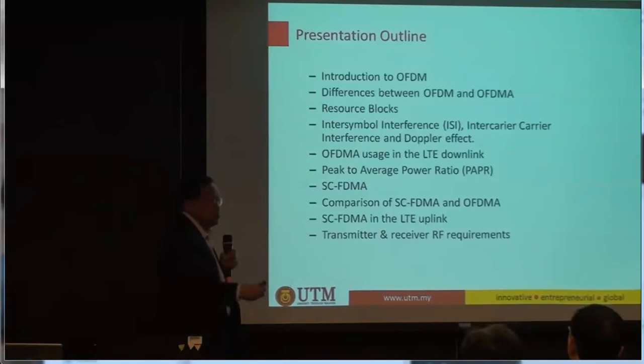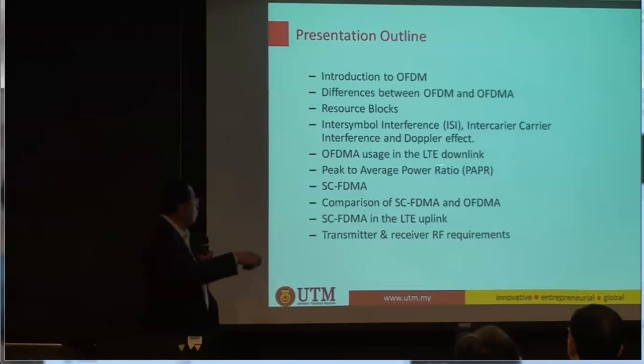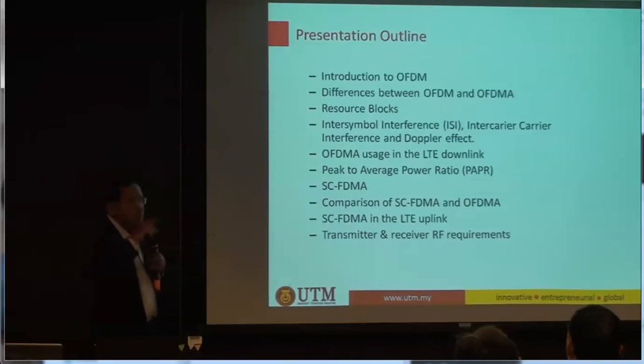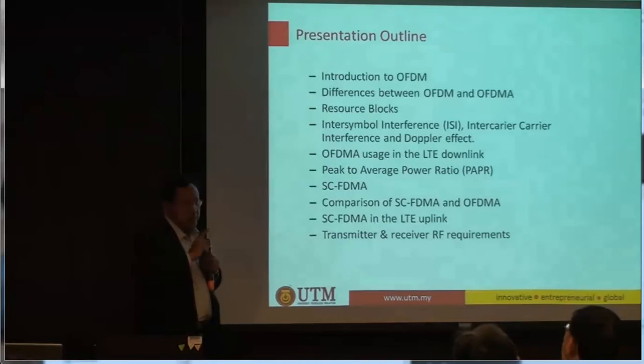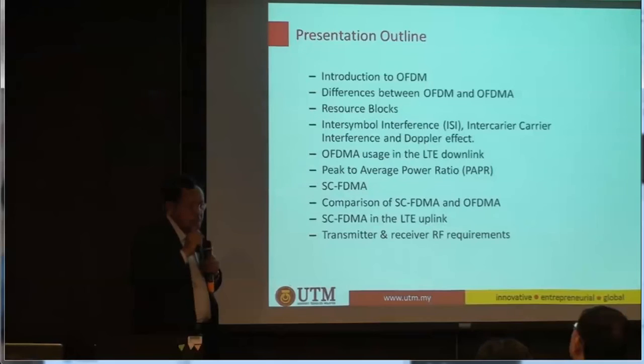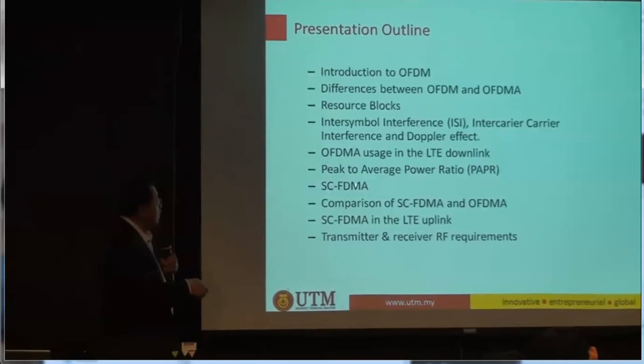This might have some issues on the mobile. So that's why in uplink, to overcome this, they use single carrier FDMA. Okay, so this is why in WiMAX, both uplink and downlink use OFDMA. But I think LTE learned from WiMAX and improved further. To overcome the complexity of the mobile, they changed it to single carrier FDMA.